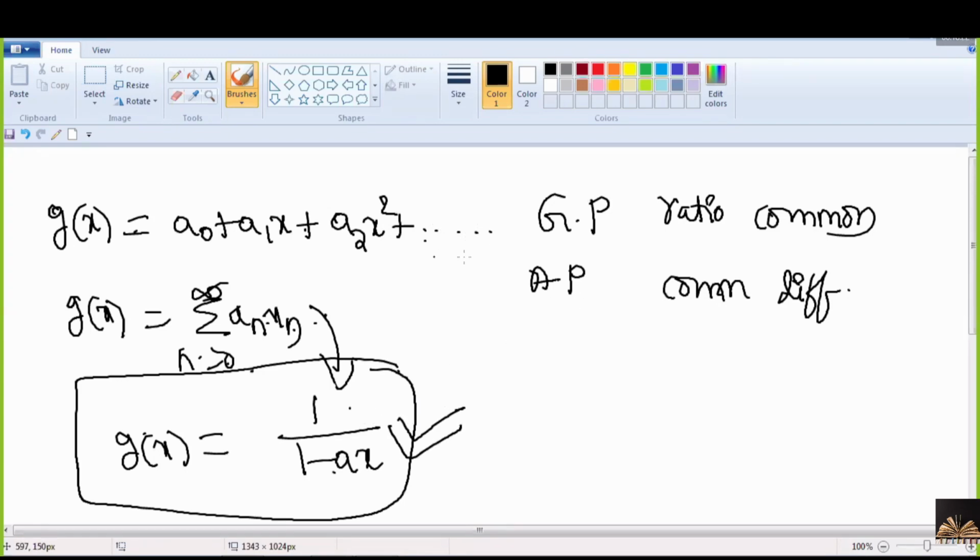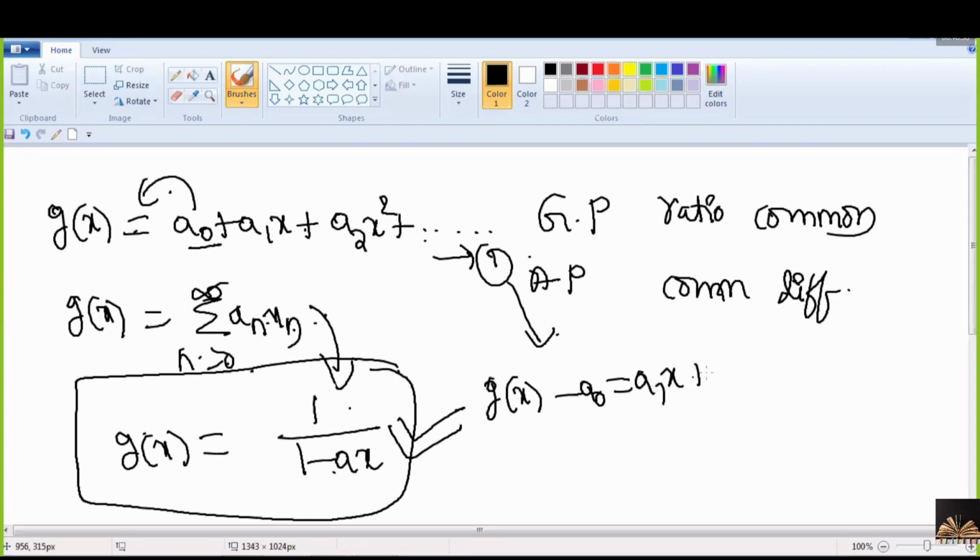Let it be equation number 1. I can rewrite this equation as g of x minus a0 is equal to, you just move the first term to the LHS, then you will get a1 into x plus a2 into x square and so on up to infinity.